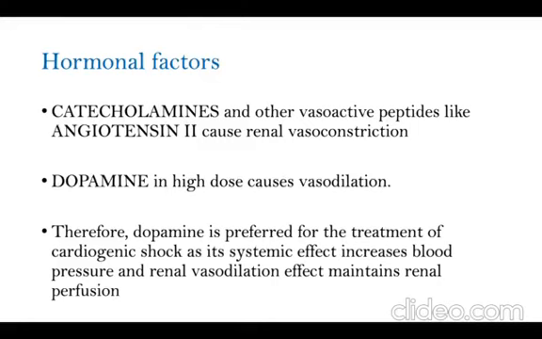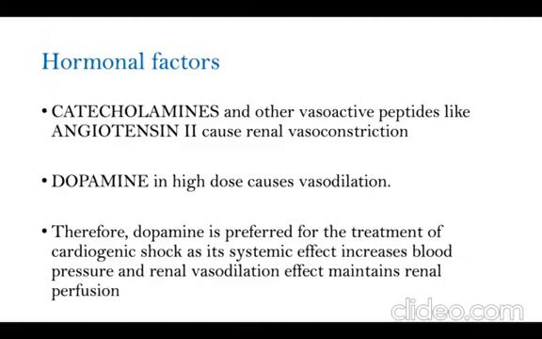And hormonal factors: catecholamines and other vasoactive peptides. Okay, hormonal factors, there are two main groups, which are catecholamines and other vasoactive peptides like angiotensin 2, which cause renal vasoconstriction, and dopamine, in reverse, in high dose causes vasodilation.